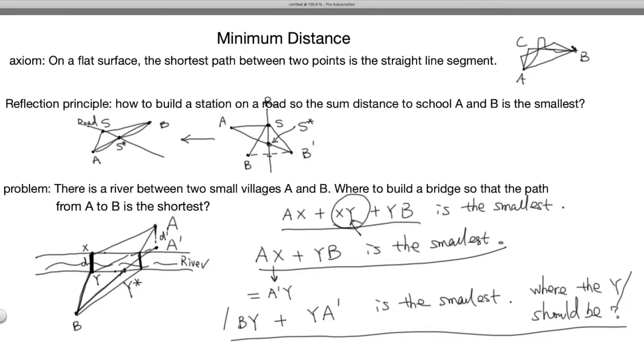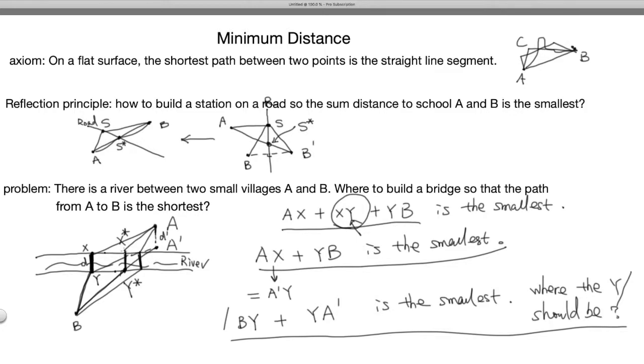And the best path will be: I connect B with A prime, cross this bank of the river, and this is Y star. And then I'm going to build a bridge here, and this will be X star. And the shortest distance will be B to Y star, to X star, and then X star to A. And that's where we're going to build the bridge.